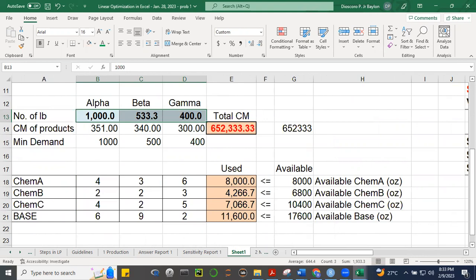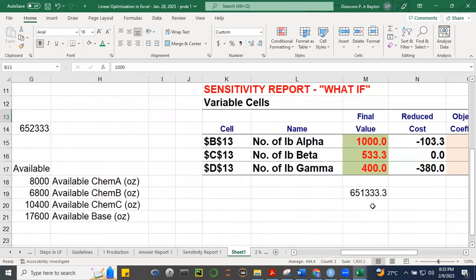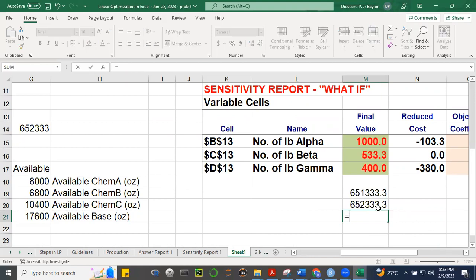But the total CM became 652,333.3. Okay. So what's this? Anong kinalaman ng reduced cost? If I subtract, will this give you a meaning? Hindi siya, di ba? Iba siya, no?